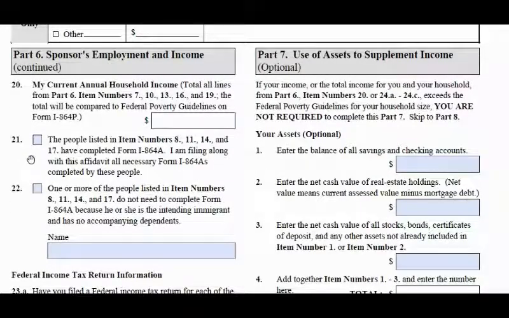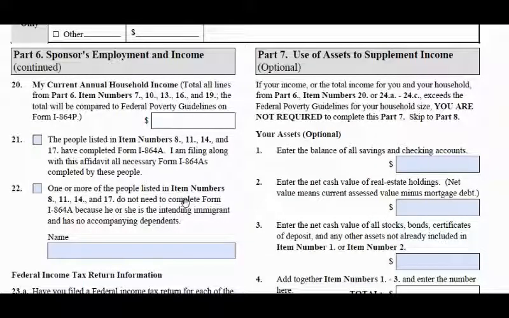Now 21, if the people listed in item 8, which means those household members who are helping you sponsor the intended immigrant, if they fill out form I-864A, then you're gonna check this box. Over here, if one or more of the people listed in item numbers 8 to 14 or 17 do not complete form I-864A because he or she is the intended immigrant and has no accompanying dependent.